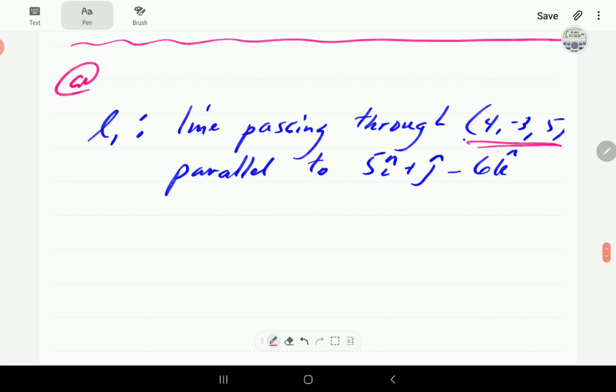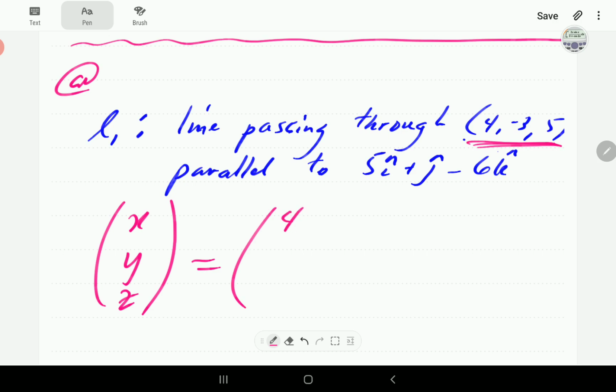So this automatically gives us our x naught, y naught, and z naught, because that point is on the line. So that means straight away we can write x, y, z is equal to the position vector (4, -3, 5).